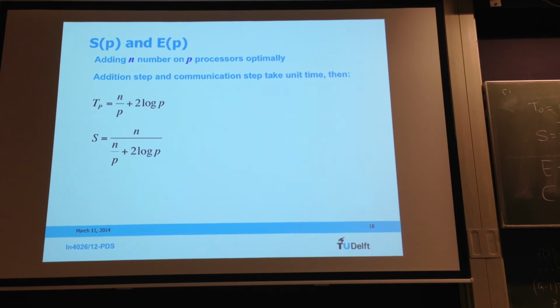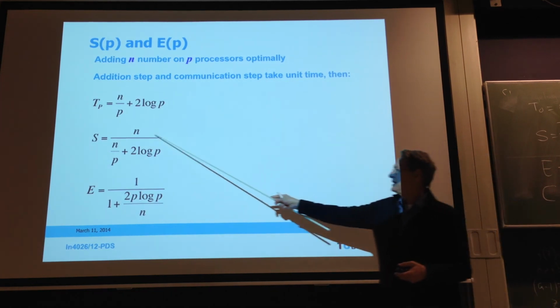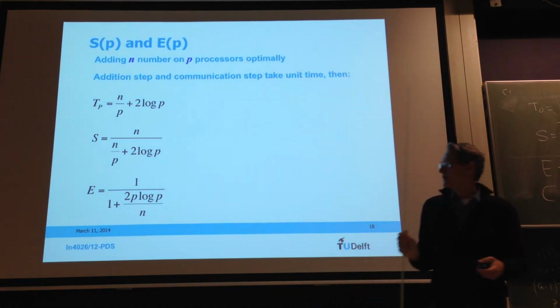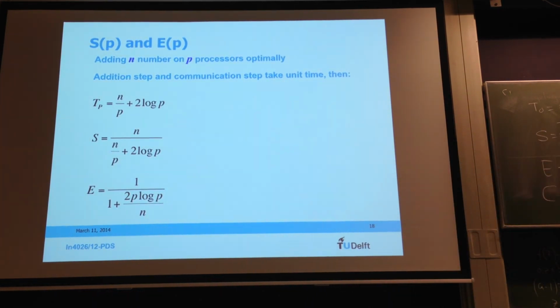Because it's a sequential execution time, it's n minus 1 steps. So the efficiency in this definition, if we divide this one by p, is equal to 1 over 1 plus 2 p log p divided by n. Just simple filling in the formulas.